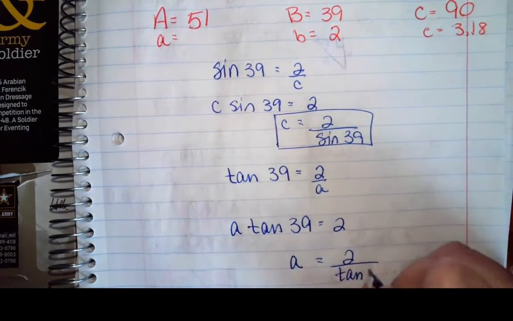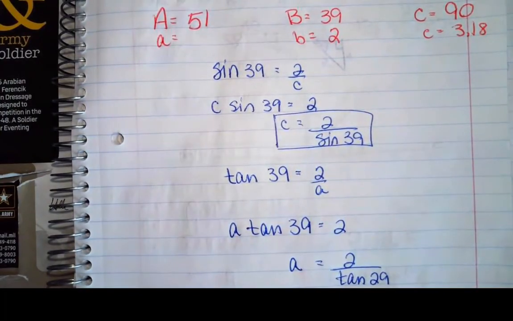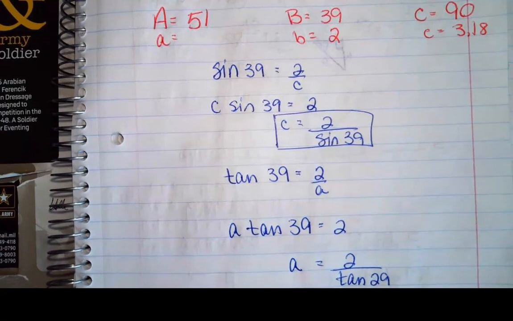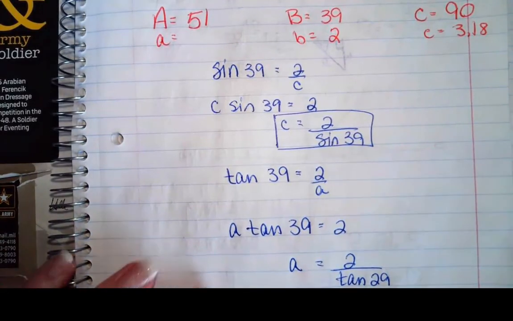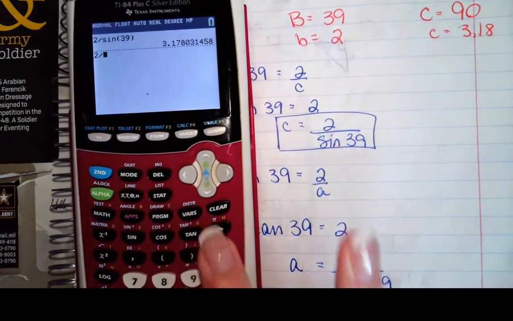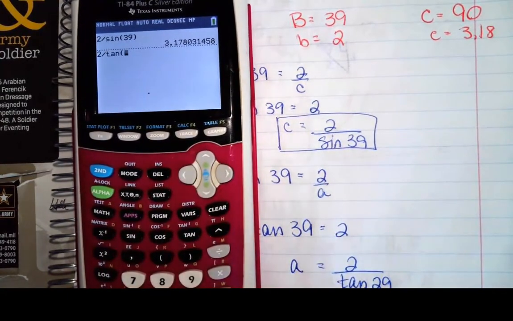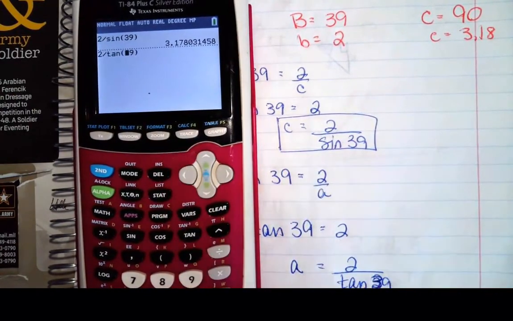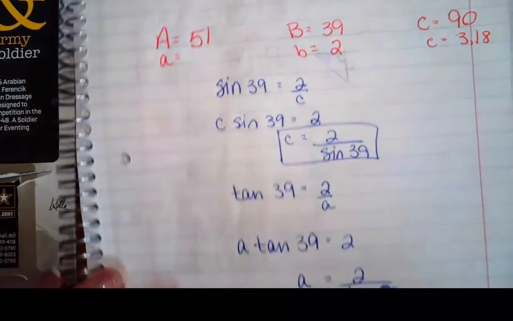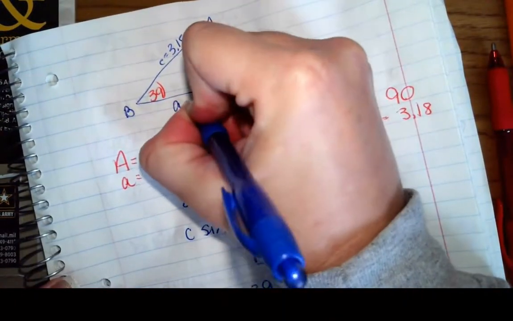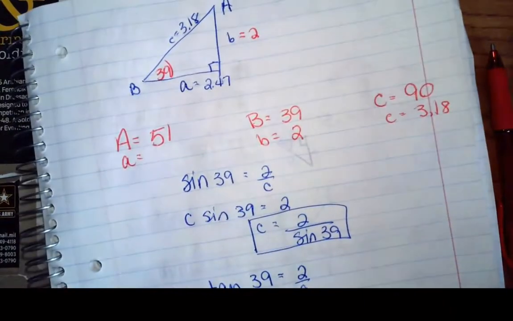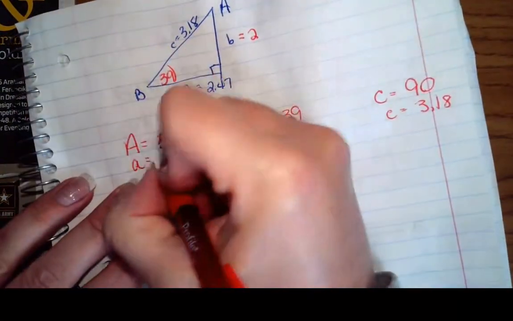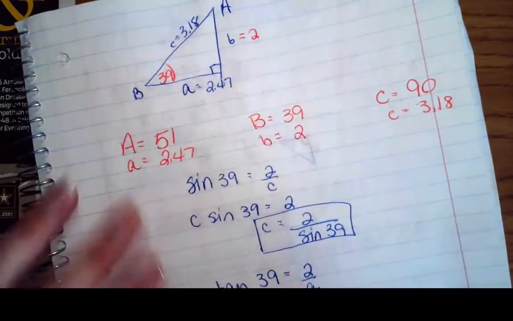So I get 2 divided by the tangent of 39, or 2 times the cotangent of 39. Okay, so if I do 2 divided by the tangent of 39, that gives me 2.47. So I find out that A is 2.47. So I've got 2.47 here.